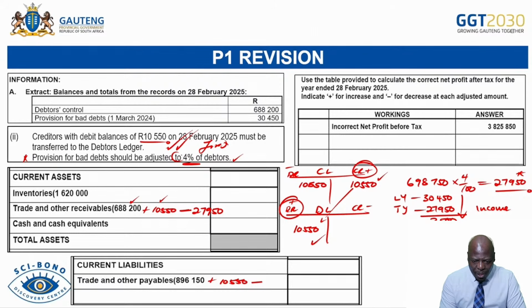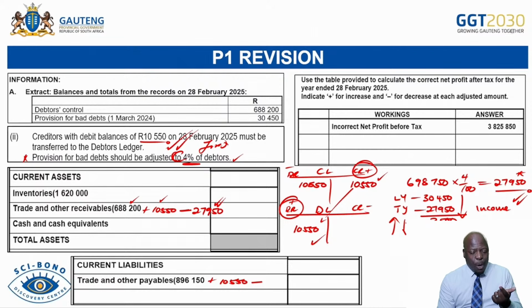The 27,950, I subtract it as it is from my trade and other receivables. What goes to my statement of comprehensive income or correct net profit calculation, what goes to one of these two, is either an increase or a decrease. Can I repeat that again?